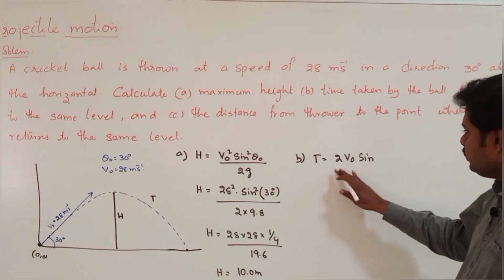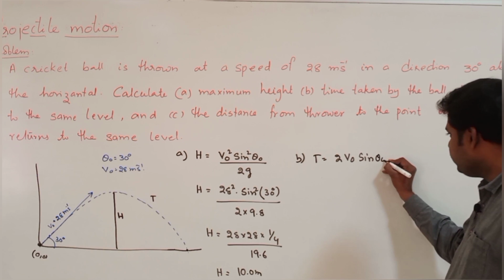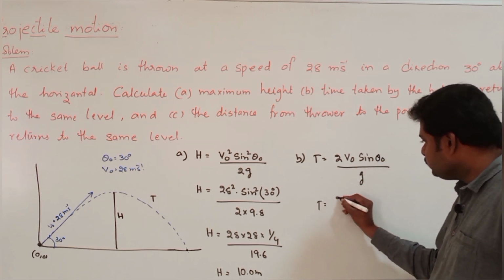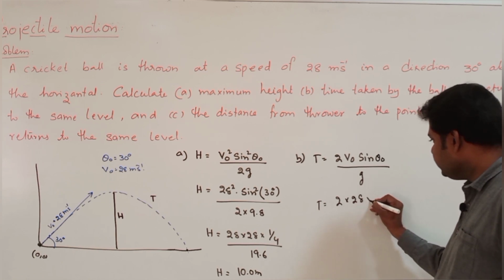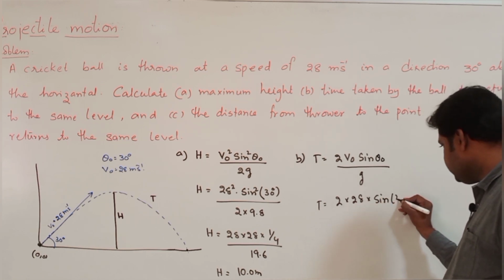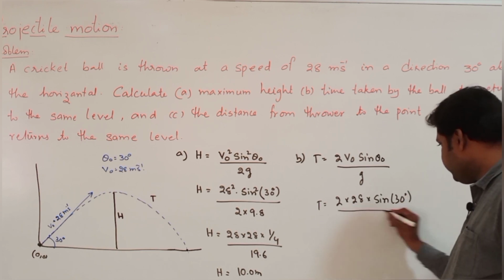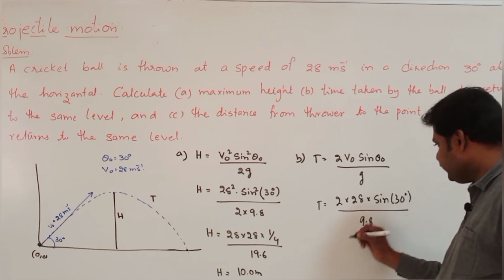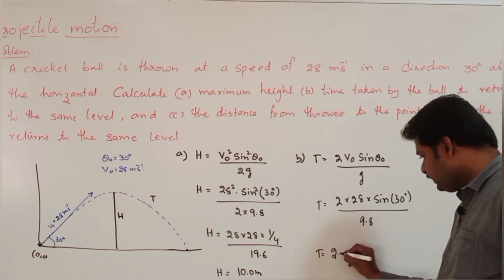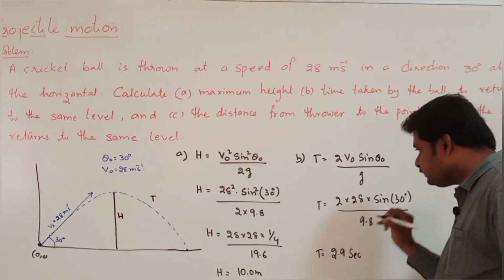T is equal to 2V naught sin theta naught by g, which is equal to 2 into 28 into sine 30 degrees by 9.8. If you calculate it, approximately this is 2.9 seconds.